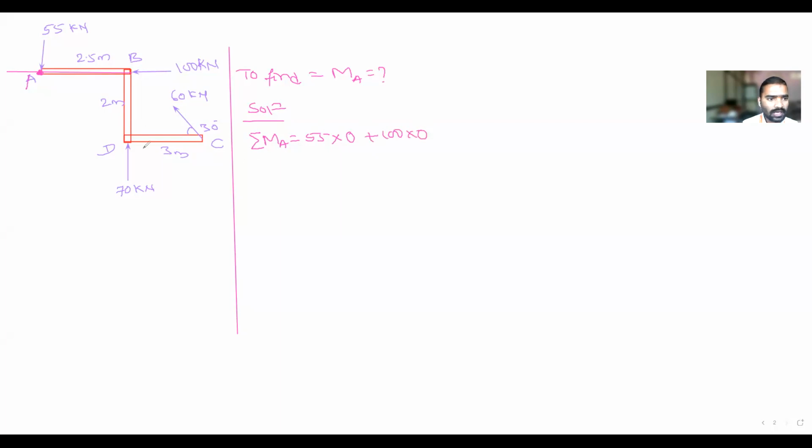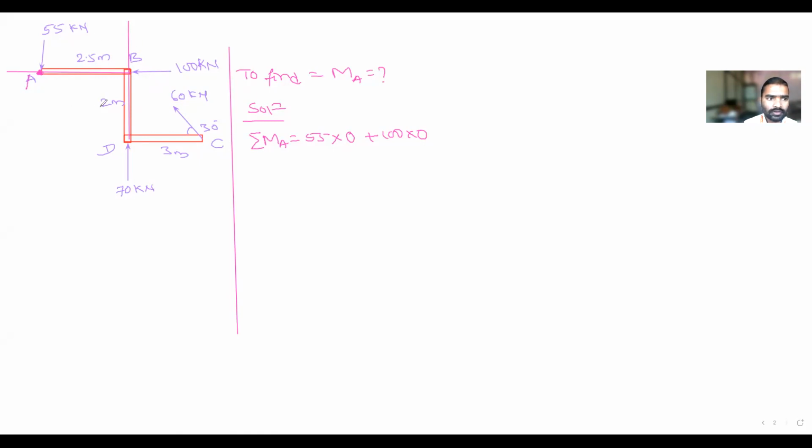Next, I will consider point D. What is the force? That is 70 kilonewton, moving in the vertical direction. This is the line of action of the force. Then I want the distance between A and the line of action of the force. How much is it? 2.5 meter. When this is moving upward, with this point A fixed, is the body moving clockwise or anti-clockwise?